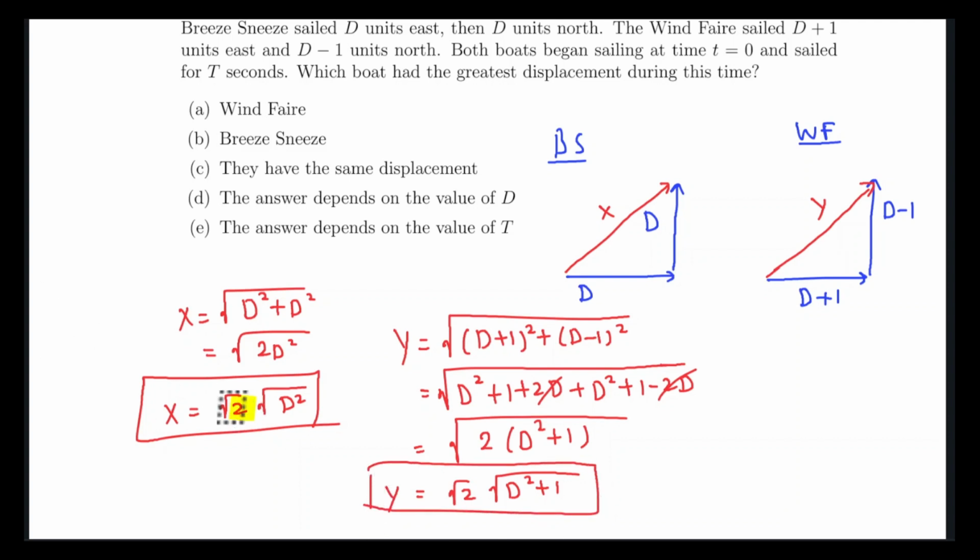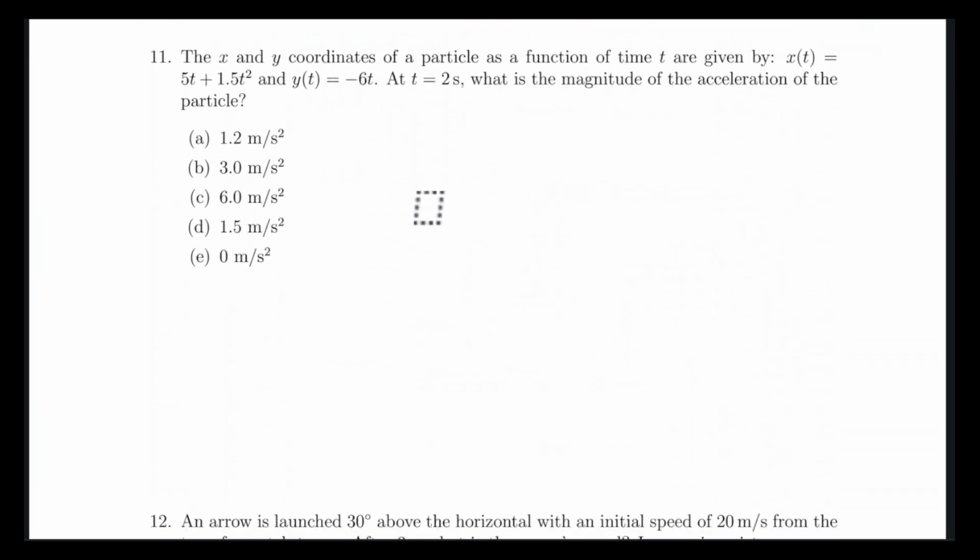Because this is same, this is same, root is same, but this guy has a plus 1 to it. So plus 1 to it means this is a bigger number. So this is a bigger number means the square root is also bigger. So WF, I think that is our answer, that has the greatest displacement during this time. Hope that's clear.